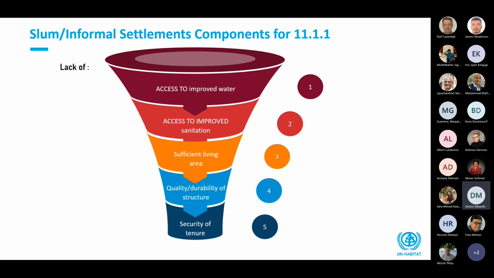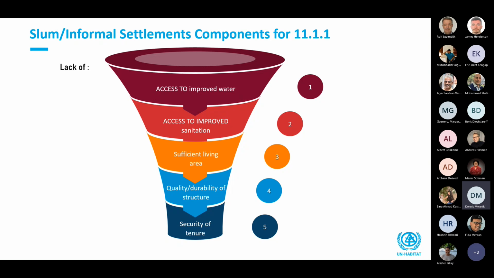So for these things that I've mentioned, for the slums and informal settlements, we combine the different deprivations and say if a household has 1, 2, 3, 4, or 5 deprivations, then they have very high levels of severity of household level deprivations and a worse representation of the informality.